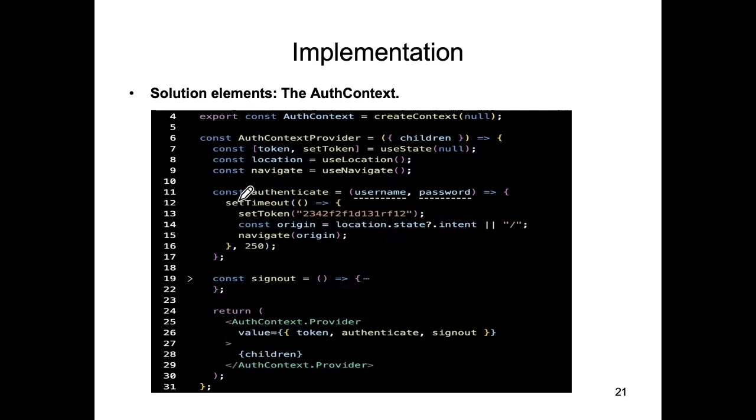So I'm just mimicking that behavior by using the set timeout function. I'm sure you've come across the set timeout function before. This is just a function that's built into the JavaScript language. You pass it two arguments. You pass it a callback, here's my callback, and you pass it an integer.